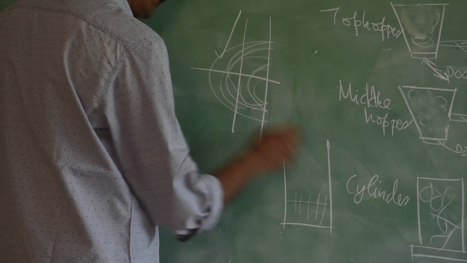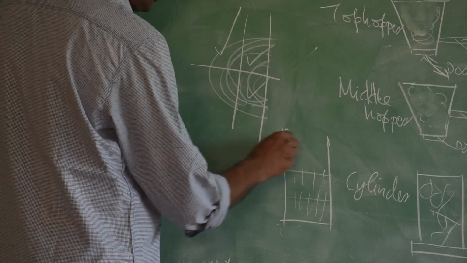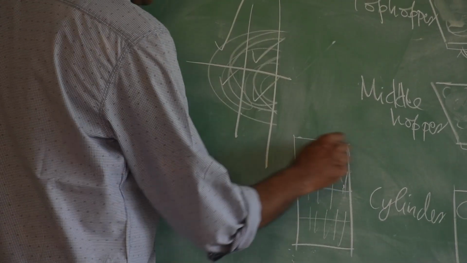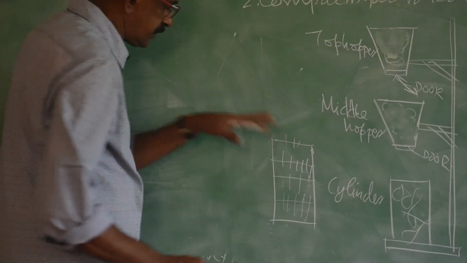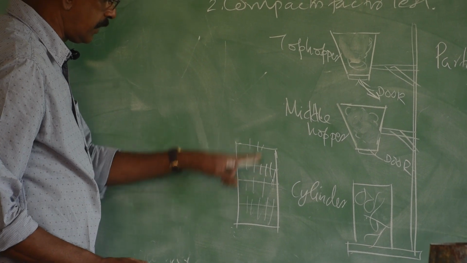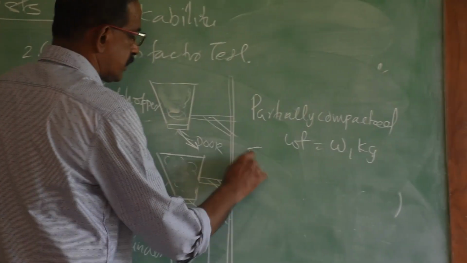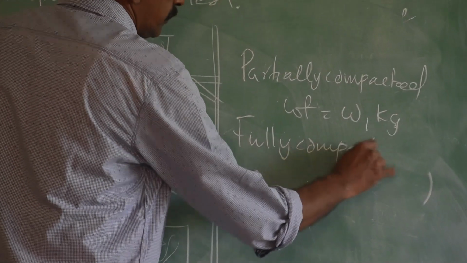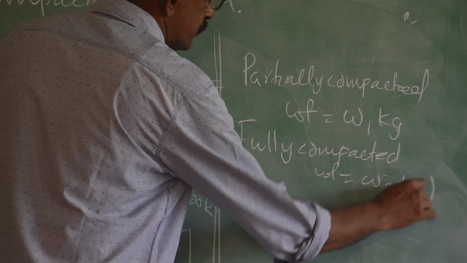Compact it 25 times, take the second portion, compact it 25 times, take the third portion, fill it, compact it 25 times, take the final portion, fill it and compact it 25 times, keeping track of the level. Take this weight, that is cylinder and compacted concrete, which is called the fully compacted weight of concrete, say W2 kilograms.